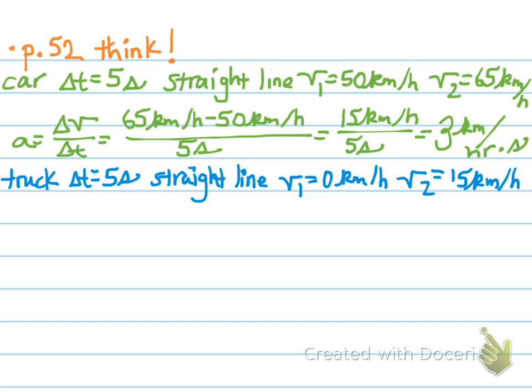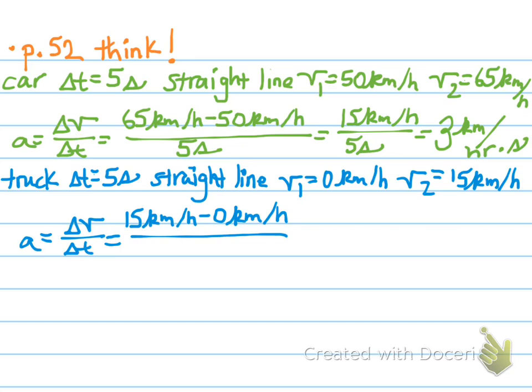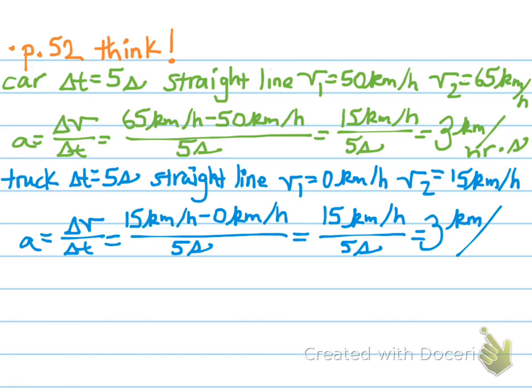So our acceleration is our change in velocity over our change in time. So we have 15 kilometers per hour minus the 0 kilometers per hour divided by the 5 seconds that it takes to do that, which gives us 15 kilometers per hour in 5 seconds. 15 divided by 5 is, once again, 3, so 3 kilometers per hour per second.